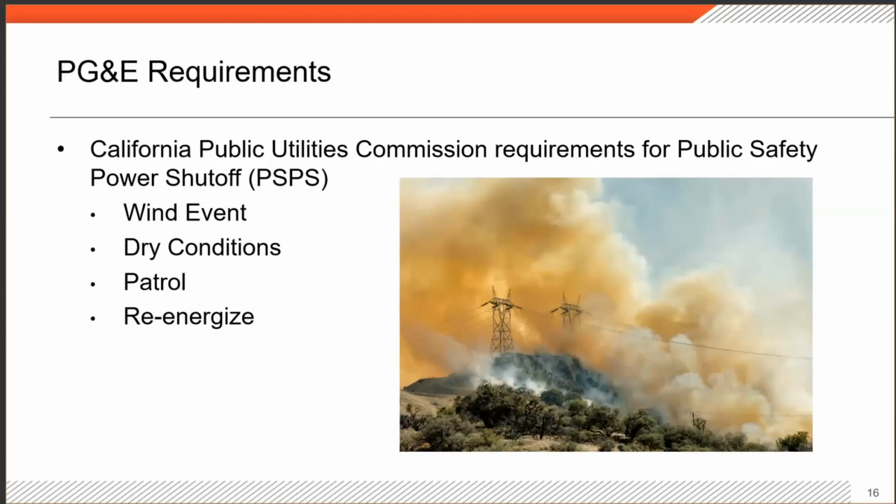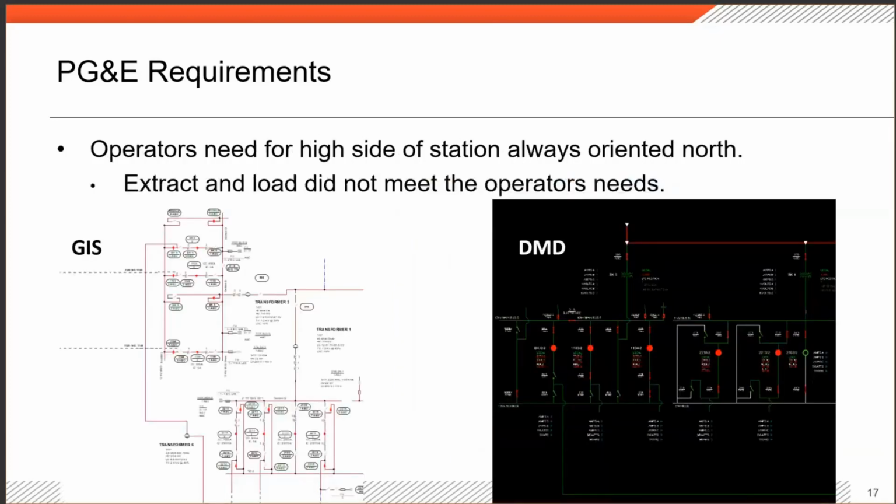Once they shut that down, after a patrol and all clear, the operators would re-energize. And we all know what happens when you re-energize. You get an inrush current on the system, and it needs to be managed at that substation protection level.